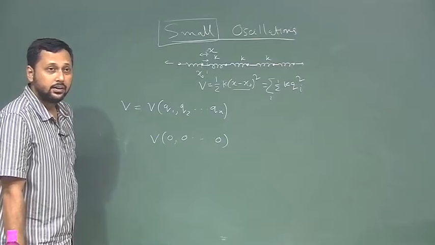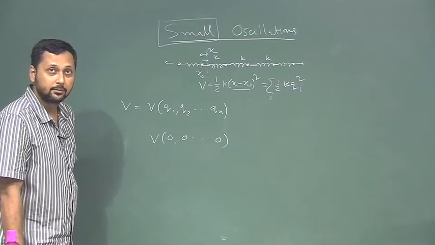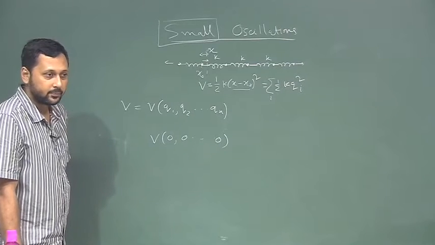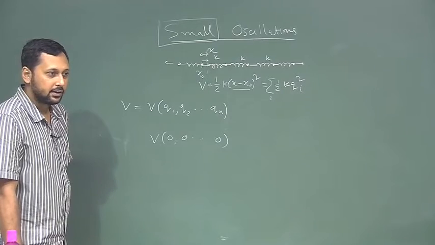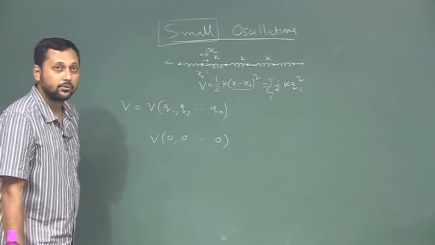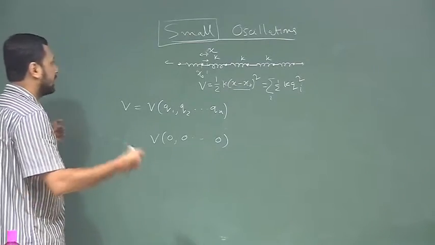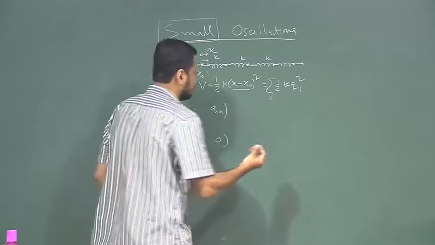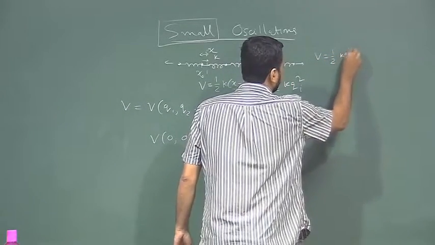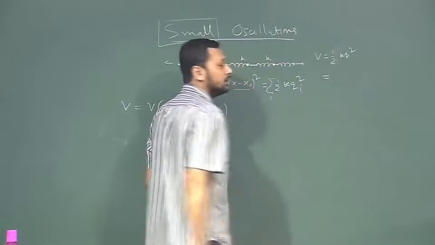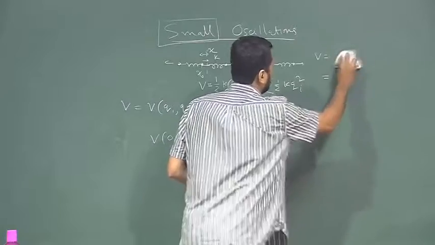Now, one way of dealing with smallness mathematically is to take a Taylor series expansion of a function around a particular parameter, and approximate it. Let us do it. Let us say I have a function V of a single parameter, half k q square. Or rather, any function, I do not know if it is k q square or so.